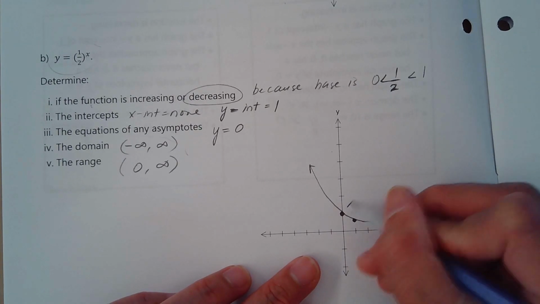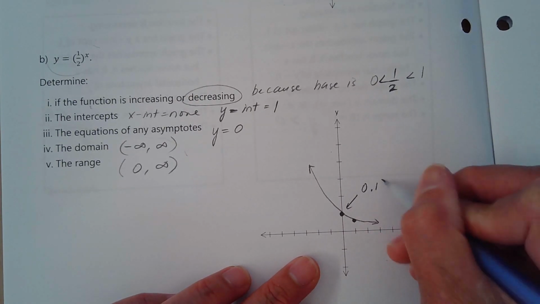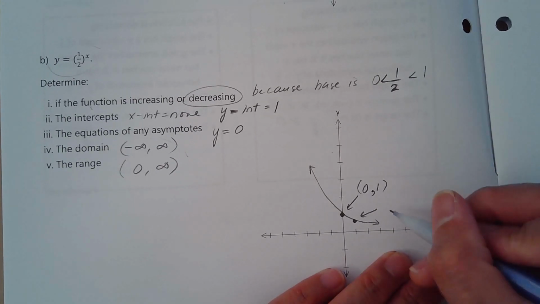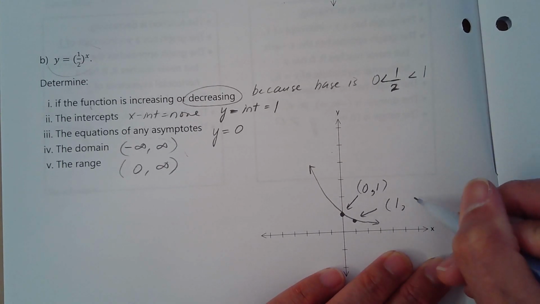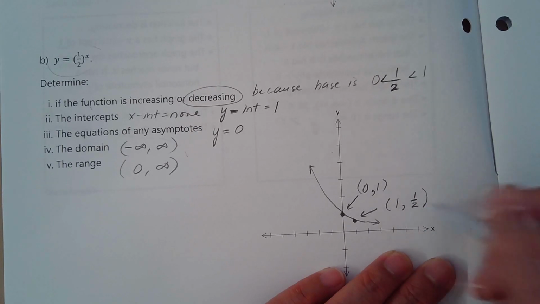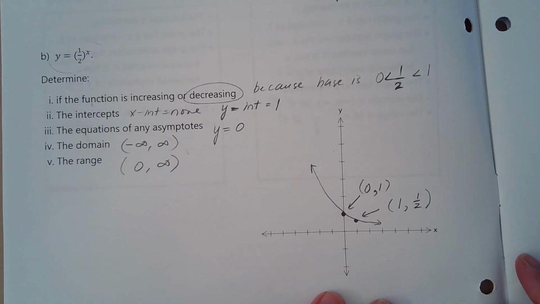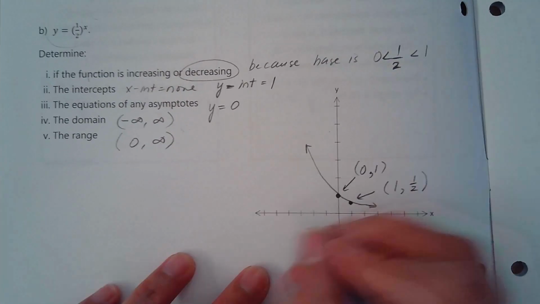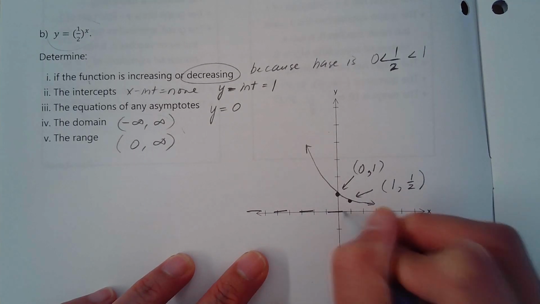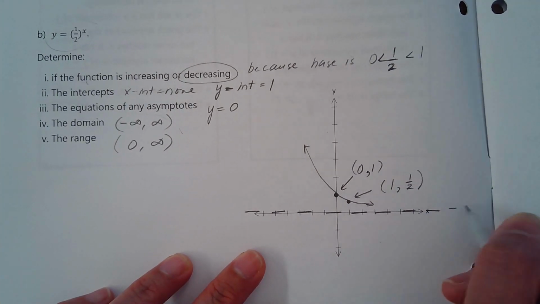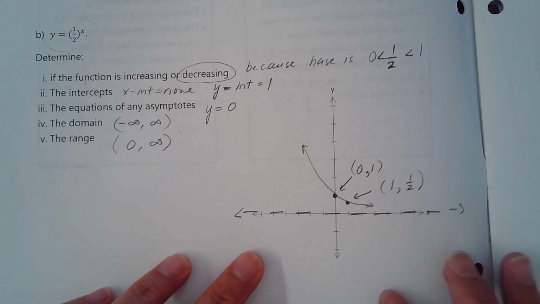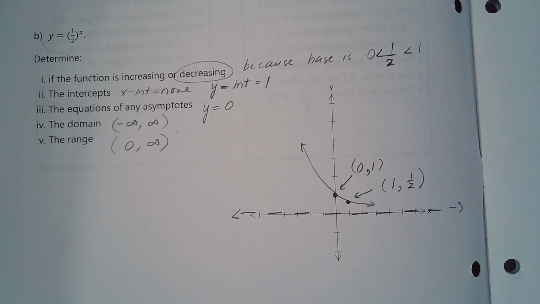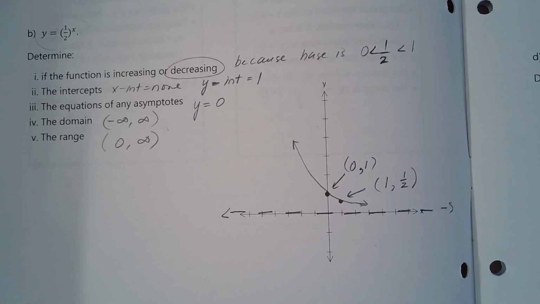So you've got this (0, 1). And then this other point would be (1, 1/2), the base. Let's show our asymptote here. Is that okay? Good.